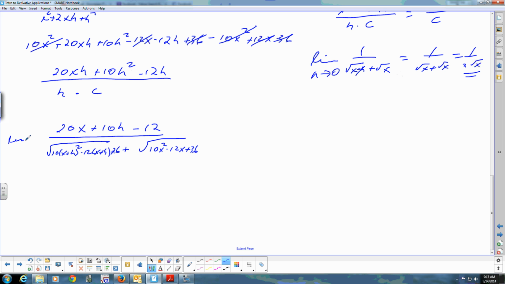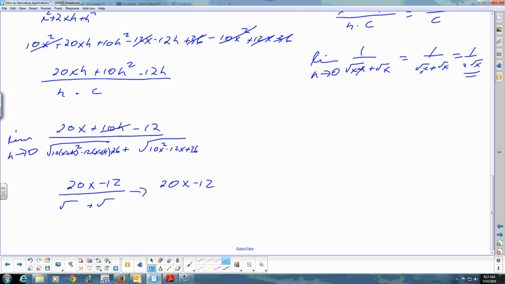Now, take the limit as h goes to 0. So this is going to go away, that h will go away, that h will go away. And what you're left with is 20x minus 12 over the square root plus the square root. And they're identical. They're both the same. So this would become 20x minus 12. Look right here.